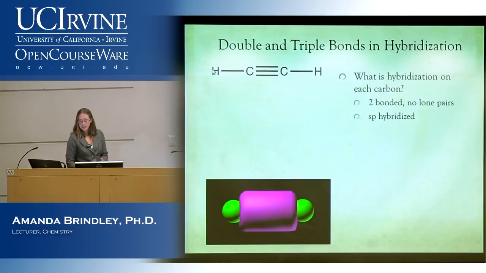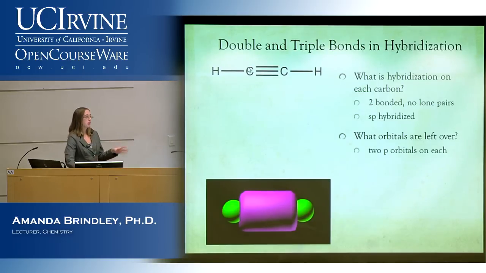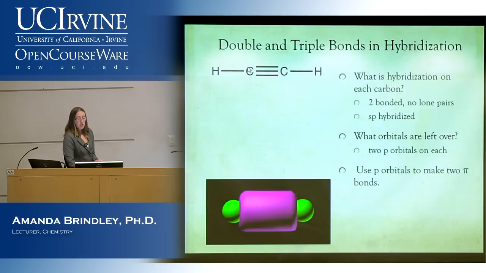Now, what do we have left? If we've taken away an s and a p and made these sp orbitals, what is left over? 2 p orbitals are left over on each carbon. Because the carbons are the same, we're talking about them in a similar way, but on each carbon. Those 2 p orbitals are going to make your pi bonds.